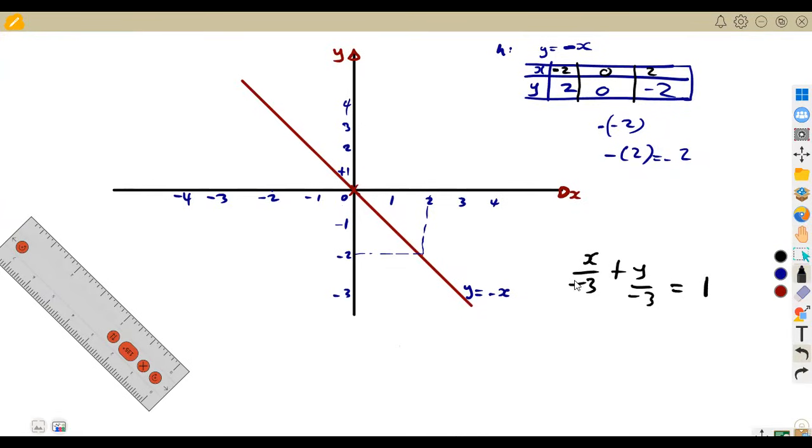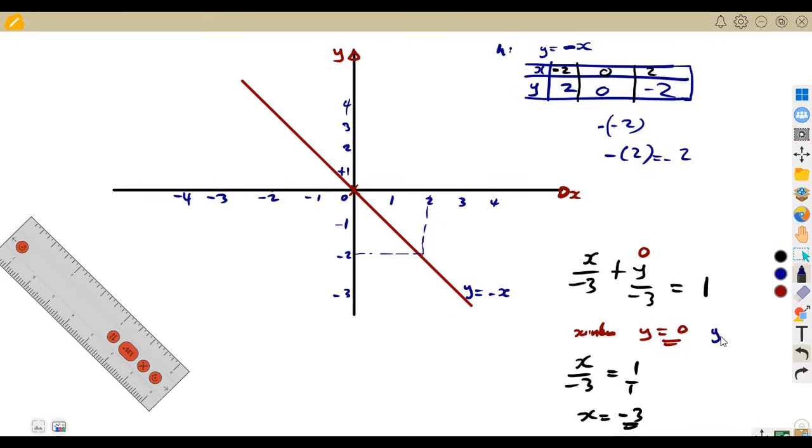Remember, if it is a straight line like this, we talk about the x-intercept. The x-intercept is at the condition where y is equal to 0. So if y is equal to 0, we remain with x over minus 3 equal to 1. Cross multiply, x is equal to minus 3, meaning our graph is going to pass through minus 3.